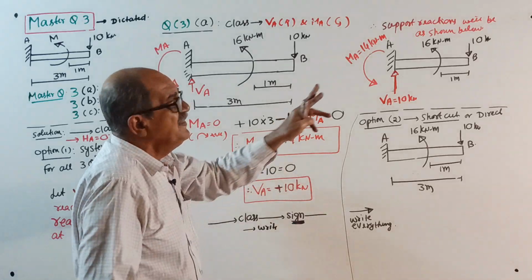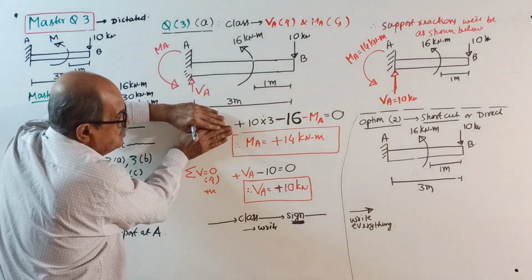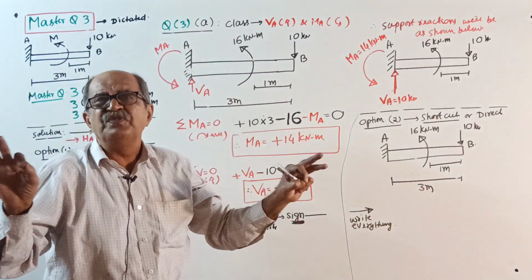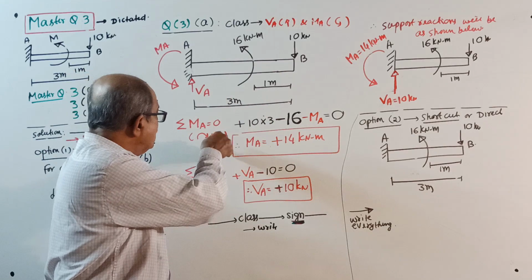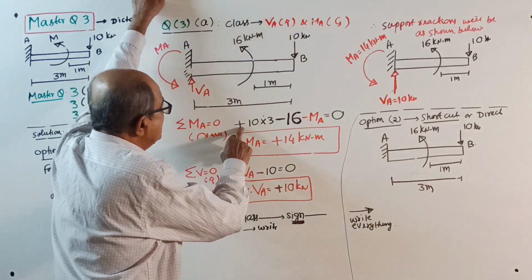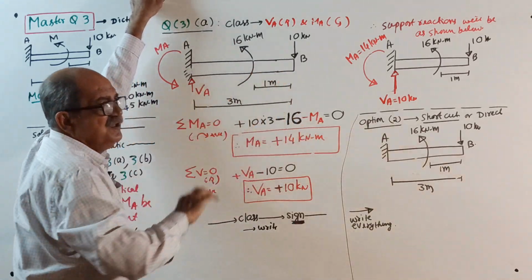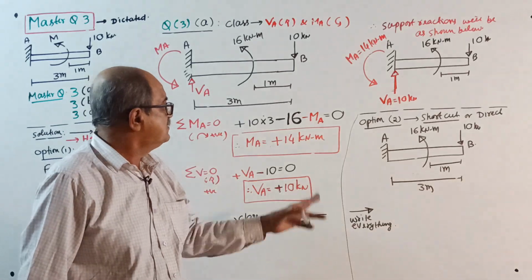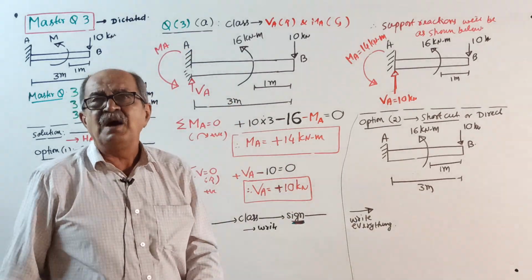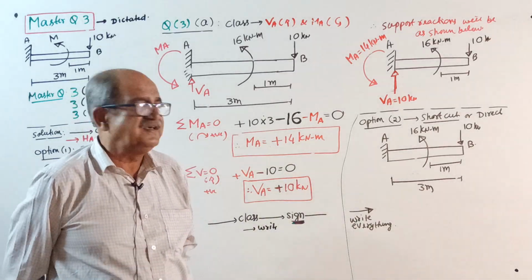When you decide the final answer, you should never see this sign, or sigma M. The sign convention has no effect on the answer. Even if you take anti-clockwise positive, it will come plus 14 only. See there, minus 10 into 3, then plus 16 plus MA equal to 0. It will once again give you MA plus 14 only. This all, one special class I am uploading, that is problem for sign convention. So sign convention has no effect on the answer.